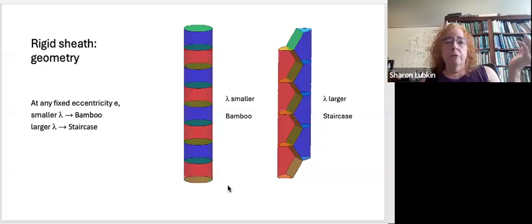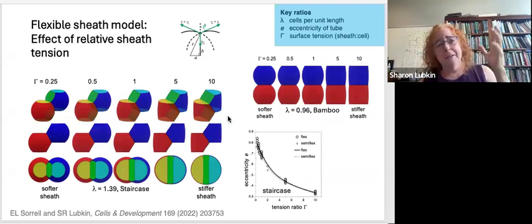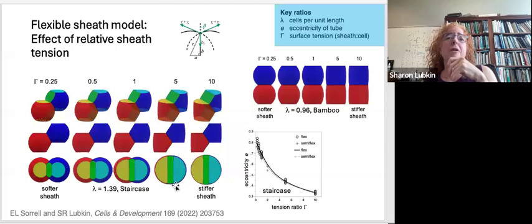And at a particular lambda value, we get stability of the patterns or instability of the patterns. But I'm less concerned with the rigid tubes because that's really a cartoon and not corresponding to the notochords at all. With the fully flexible tubes, the sheath is essentially like spandex hugging each of the interior cells, but it's got its own surface tension independent of the surface tension of the interior cells.